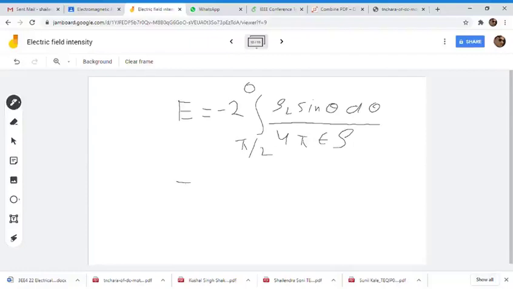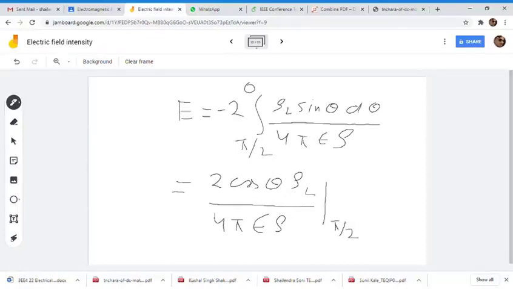So integrating this, it will be 2 times the integral of sin theta, and the integration of sin theta is minus cos theta. So it will be cos theta, rho L divided by 4 pi epsilon rho, and put the limits as pi by 2 and 0.